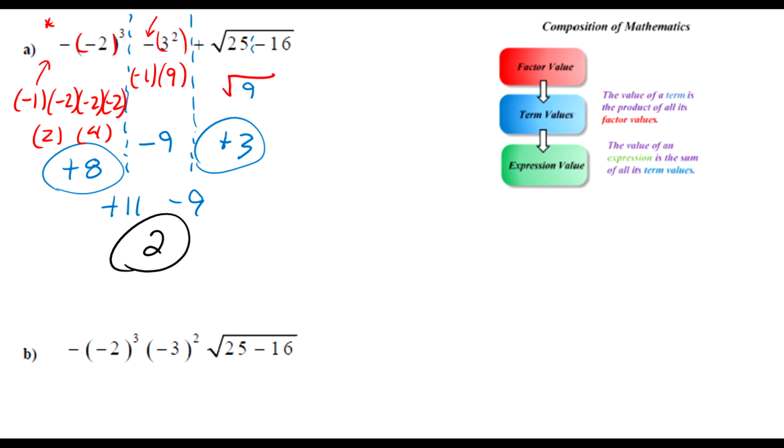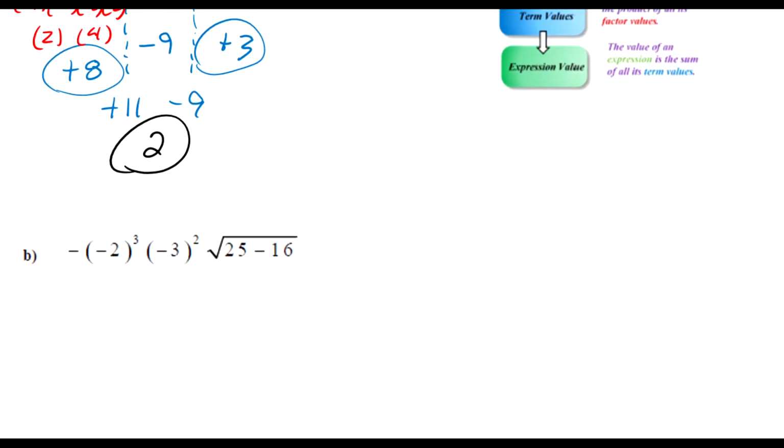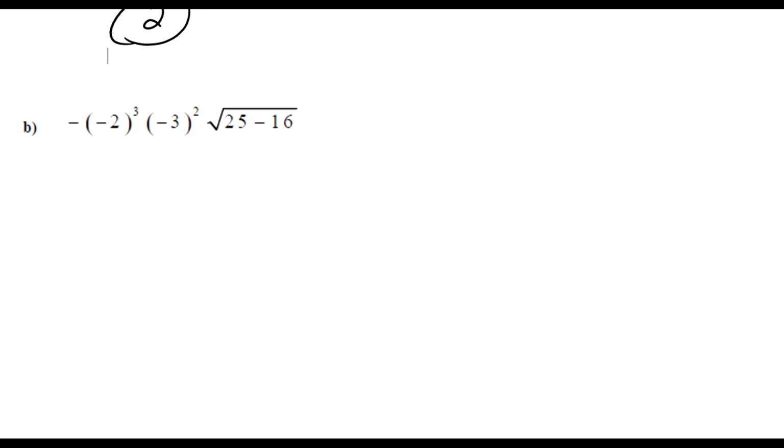And if you notice, this next expression has a lot of the same things involved. I see this -2 cubed, I see the square root of 25 minus 16, but the composition is different, and what I need to keep track of is different. So in this expression, you notice there's only one term.